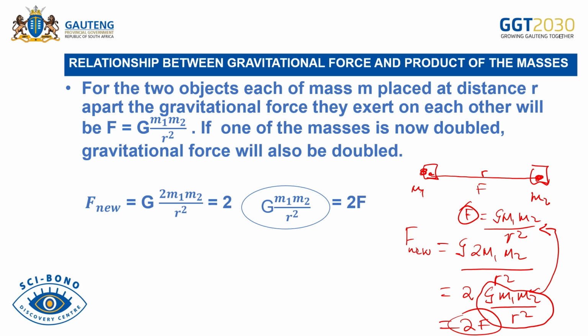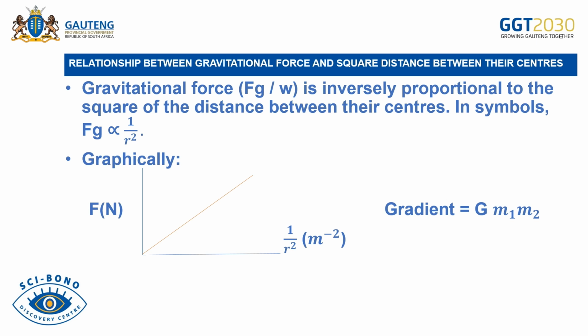So if one of the masses is doubled, your F will be doubled. If the product of the masses is doubled, F is also going to be doubled, because the relationship between those two physical quantities is directly proportional. Right. Let's move to the next one.